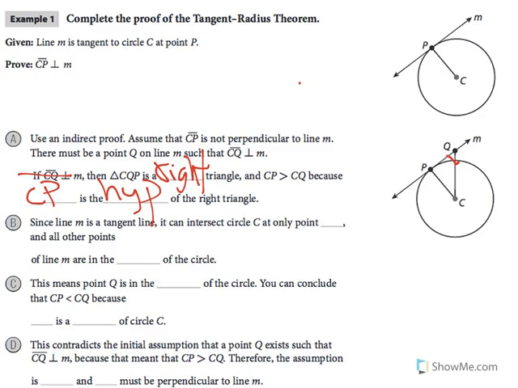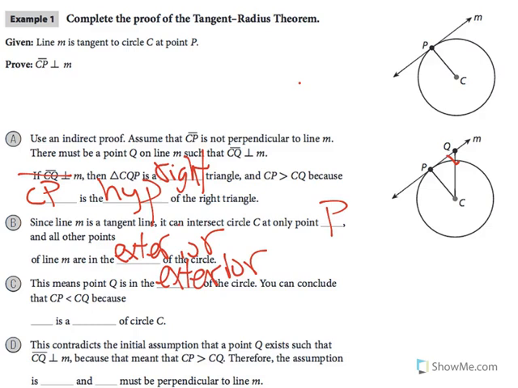It can intersect circle C at point P, and all other points of line M are in the exterior of the circle. This means that Q is in the exterior of the circle.